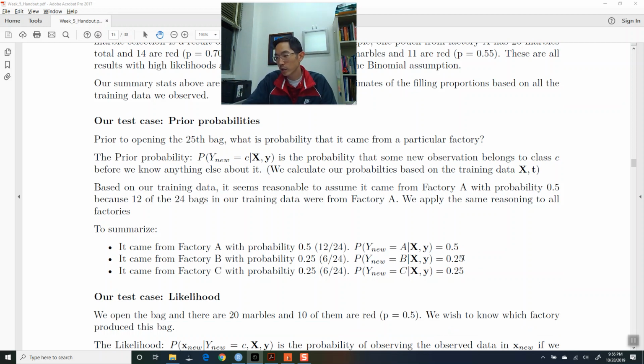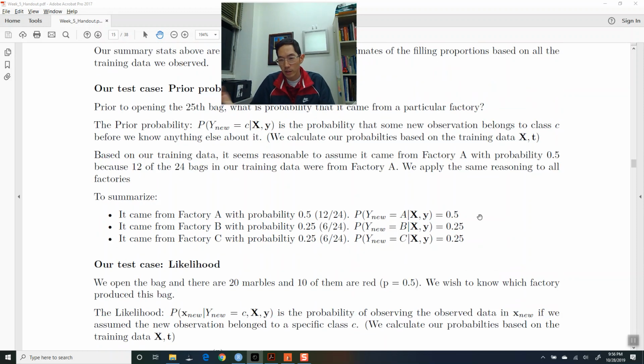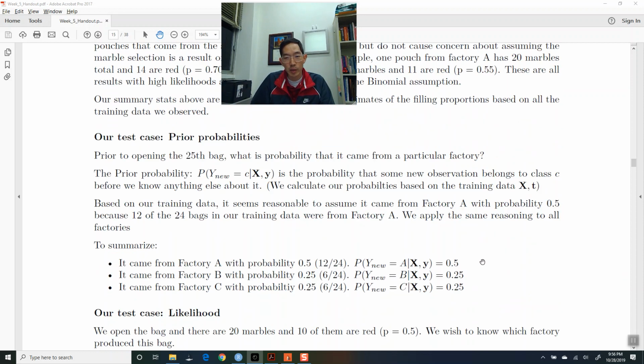But if that kind of insider knowledge is not available, then it's reasonable to say that the proportions you've observed in your data will hold up for future observations. That's what we've done here, but if you have other knowledge, you can apply it here. That's our prior probabilities.